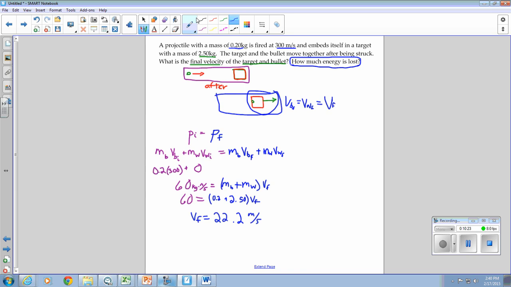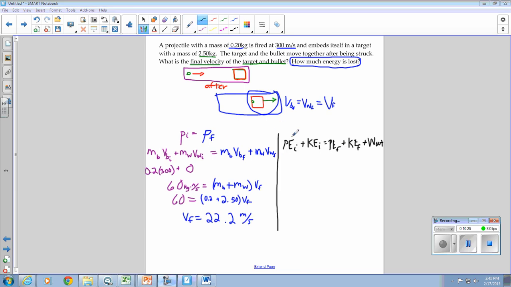So what our energy equation looks like is potential energy initial plus kinetic energy initial equals potential energy final plus kinetic energy final plus work out. And this is what we're solving for, this energy loss. Again, we can assume that these potential energies cancel out because we can just assume that the height is zero for both of them.